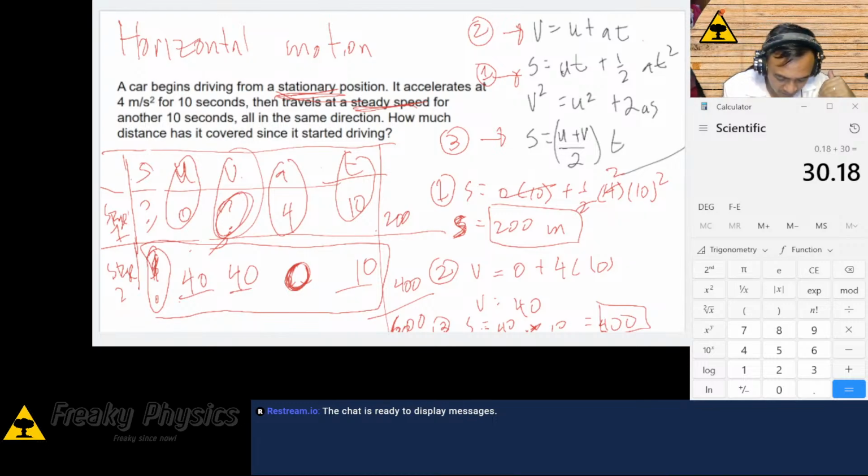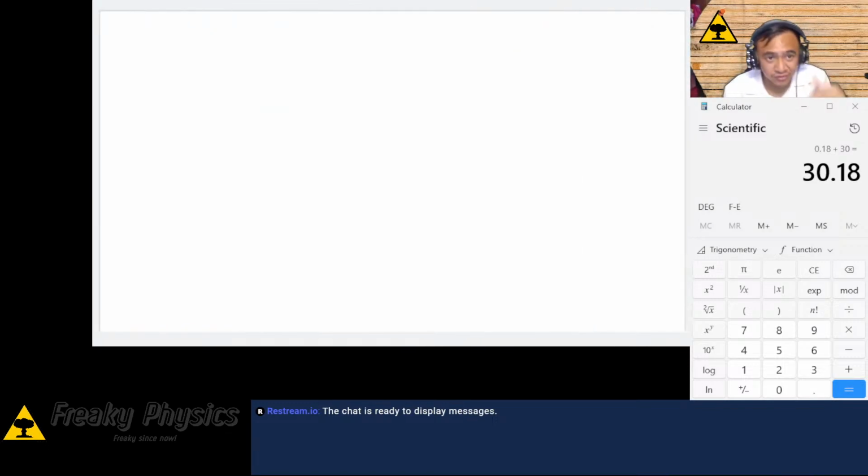All right. Okay, so let's do one horizontal motion problem. Let me get the problem from the same spot. Now again, what we want to practice here is the use of the table to help you solve, because I know you can solve these problems already.